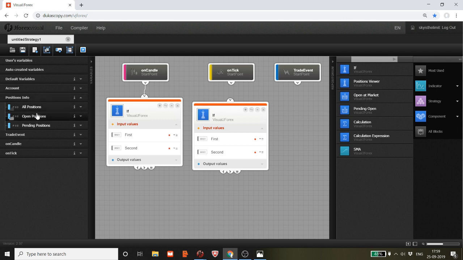I want one position at a time, so all positions, open positions, should be less than 1.